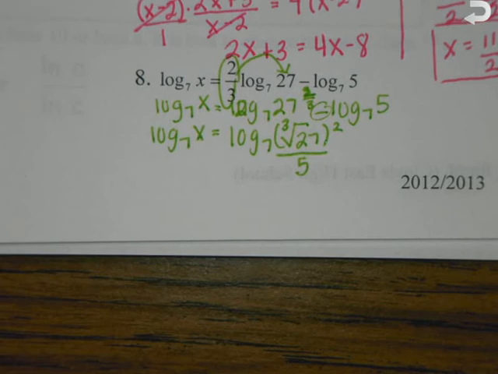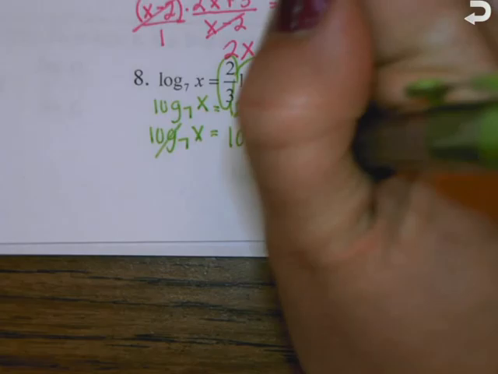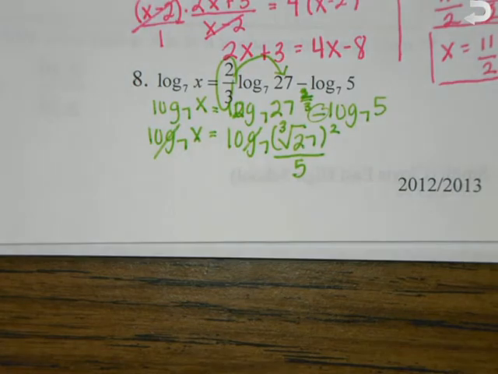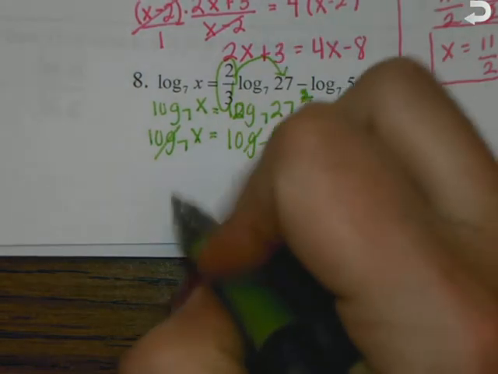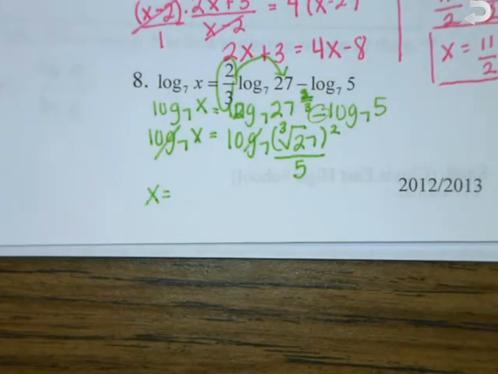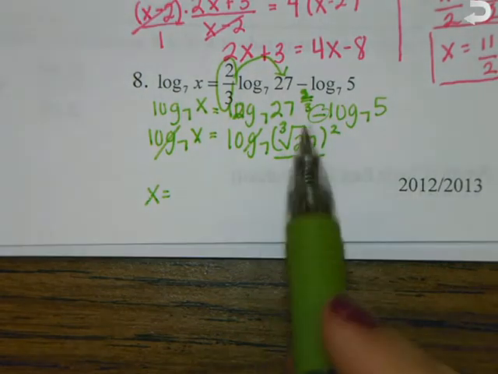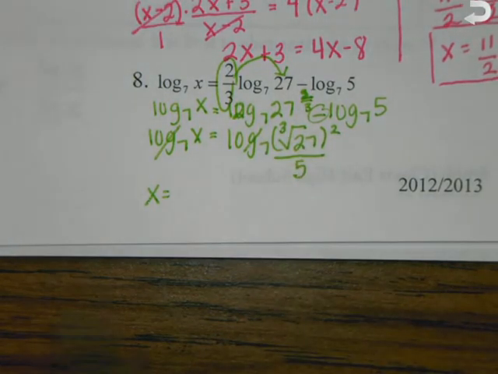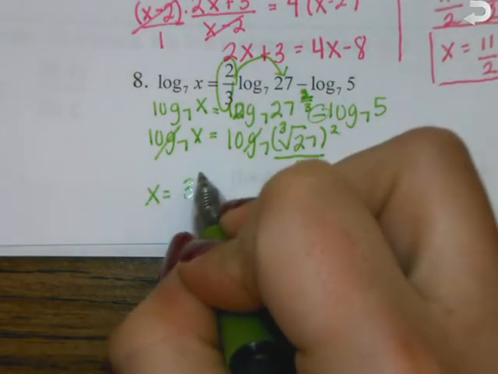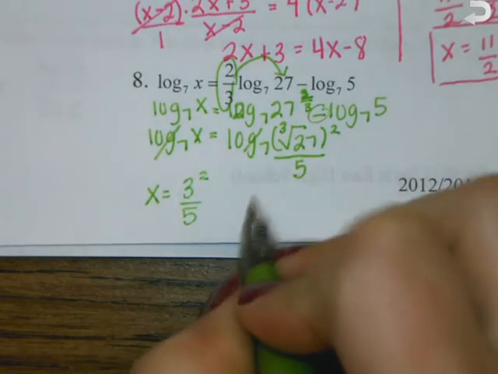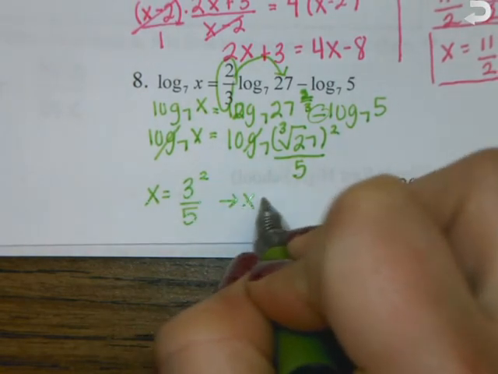And now can I drop the bases? Yes, so drop that log base 7. So this is x equals, okay, let's simplify a little bit. What's the cube root of 27? 3. So that's going to be 3 squared over 5. So x equals 9 over 5.